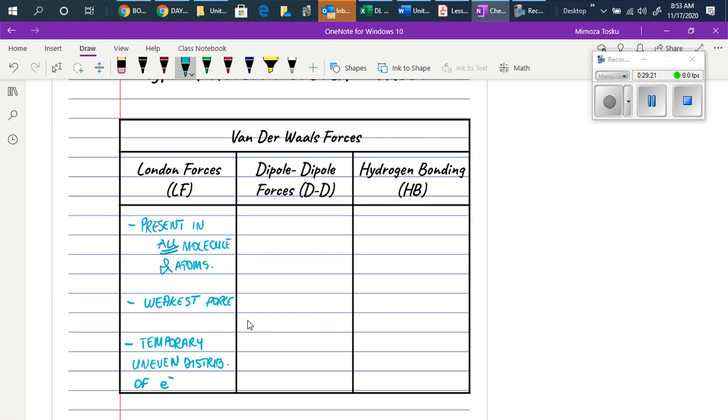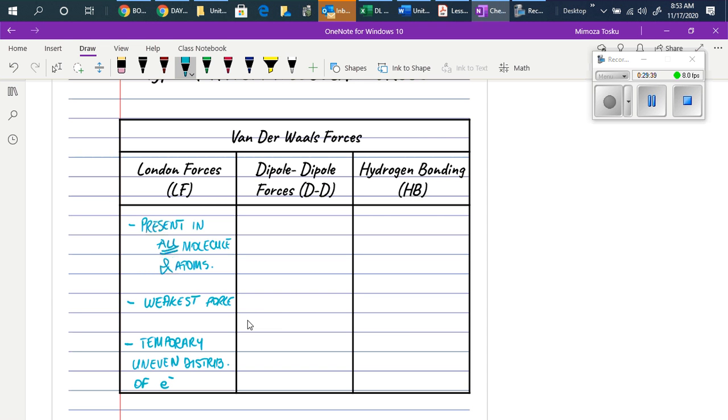In this case, we have a slightly positive and a slightly negative difference in charge between the two atoms, and this is creating the London forces.